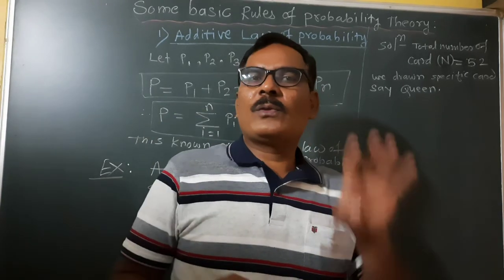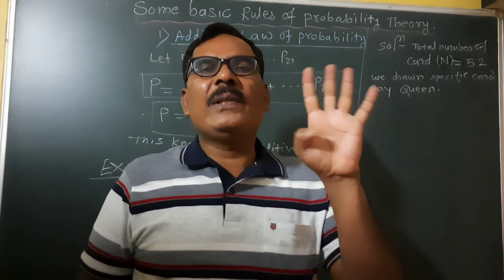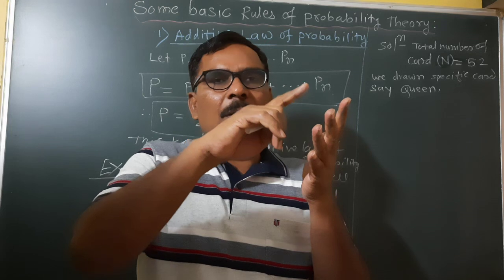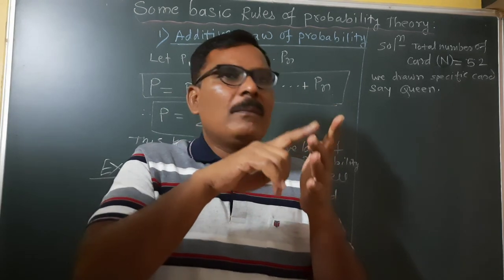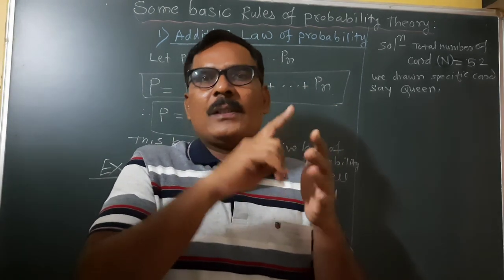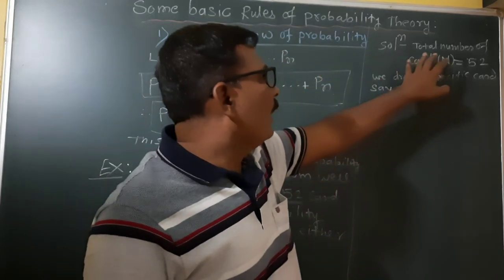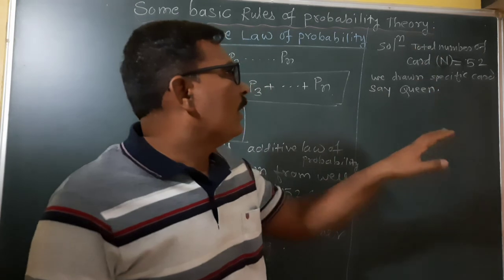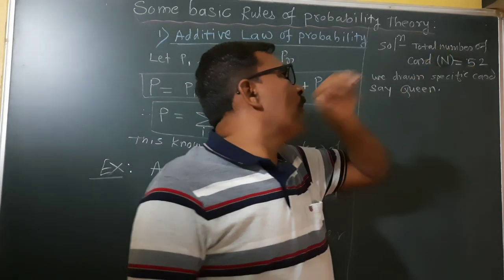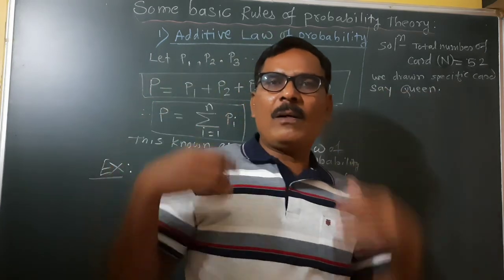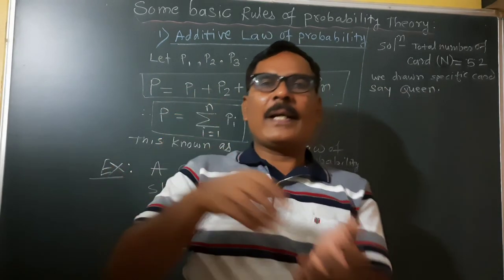Out of that, we have 4 queens. One is for Ispik, one is for flower, another is for Badam, and then also we have to consider Chaukat. Out of these 4 queens in the 52 cards, we have to find the probability of drawing a queen.